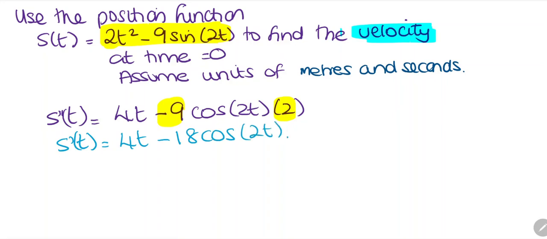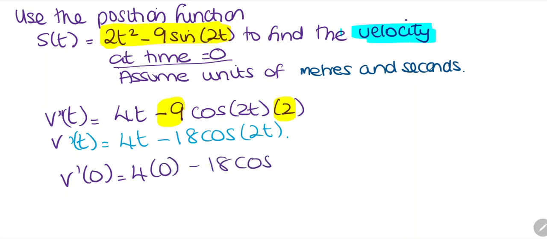Now we're asked to find the velocity when time is equal to 0. So let's change this to a v for velocity. So velocity at 0, we're going to substitute in 0 for t. So minus 18 cosine of 2 multiplied by 0.